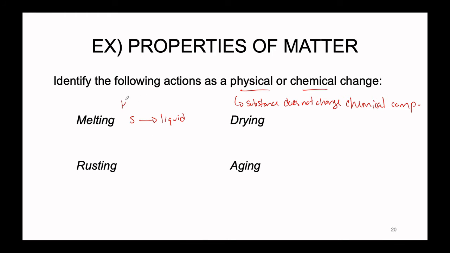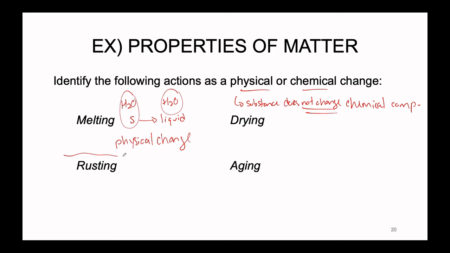A really good example is water. If we're looking at ice melting into liquid water, the chemical formula for ice and water is the exact same. Because we did not change chemical composition, yes, we changed form, but we didn't change chemical composition, the process of melting is known as a physical change.